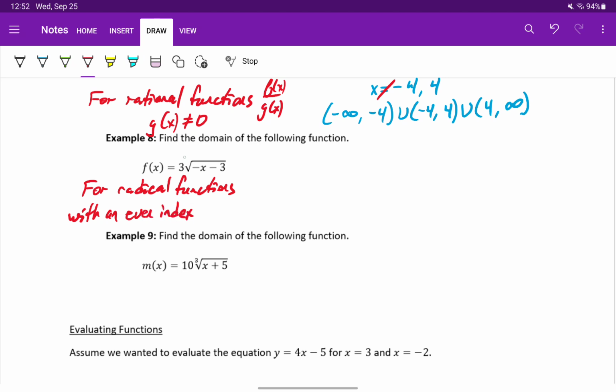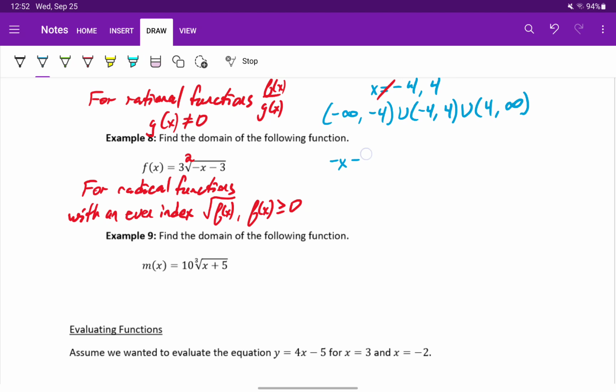What we mean by that is the type of root that we have. This is a square root. So even though we don't write it, that's implied to be a 2. But if this was a 4, 6, 8, etc., any radical function with an even index, square root of f of x, that function inside the radical must be greater than or equal to 0.